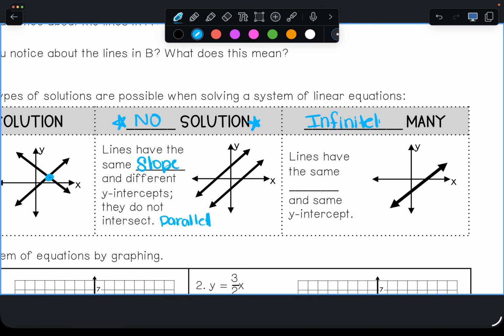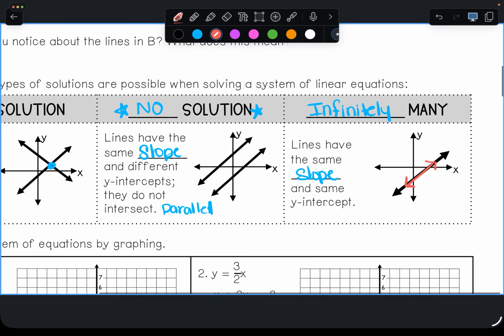So you get y is equal to 1/2 x minus 4. The y-intercept is negative 4. The slope is still positive, so we're going to go up 1, right 2. If we can't go up 1 right, we go down to the left.